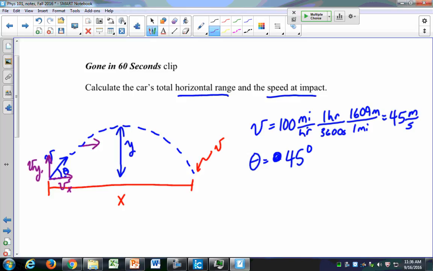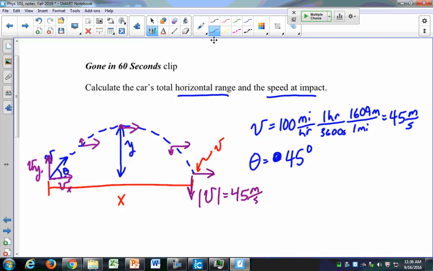Vx remains constant all the way throughout, and Vy gets smaller, goes to 0, but then increases again in the negative direction. So notice that these vectors at the end are exactly the same as these vectors at the beginning, except the y vector has just been switched. So the magnitude of the speed at the end, or the magnitude of the velocity, is going to equal 45 meters per second. Exactly what it was at the very beginning.